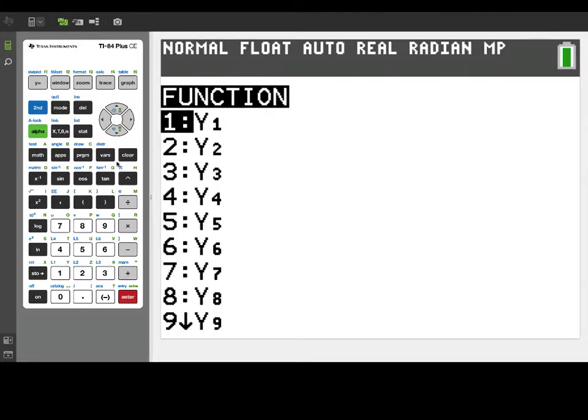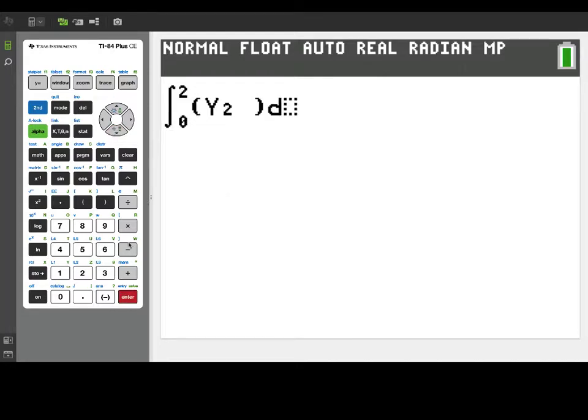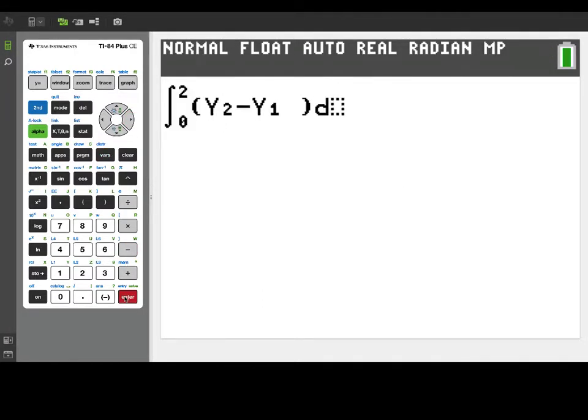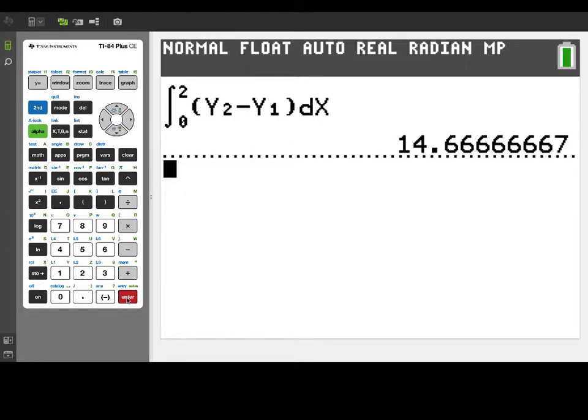So let me retrieve y2 from the y variables menu and subtract y1. And then finally, we'll integrate with respect to x, and this should give us our definite integral value. It's actually 14 2/3.